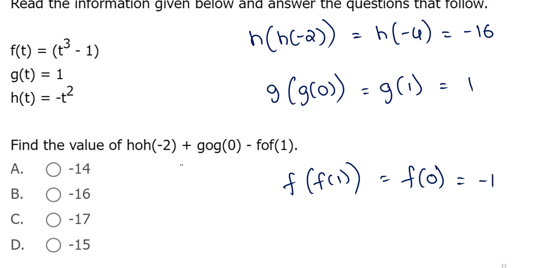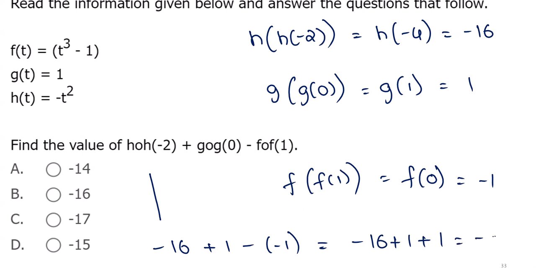So answer, this is minus 16 plus 1 minus of minus 1. Guys, this is the last step. Don't make silly mistakes and lose the marks. This type of questions are easy ones. Everyone can solve. So minus 14 should be your answer. Right, so they give a function and we just need to map it and solve.